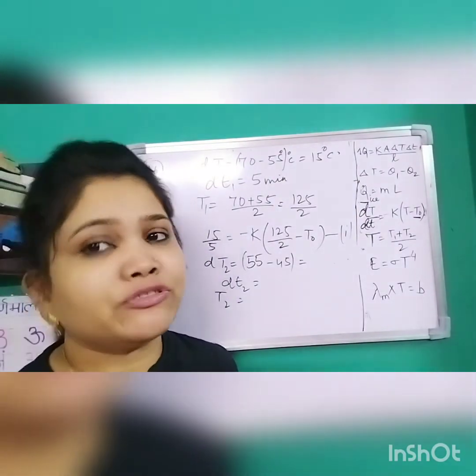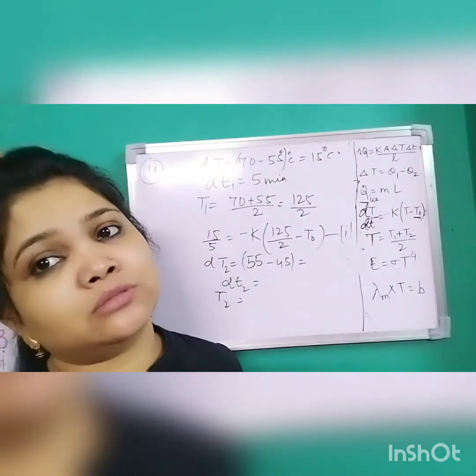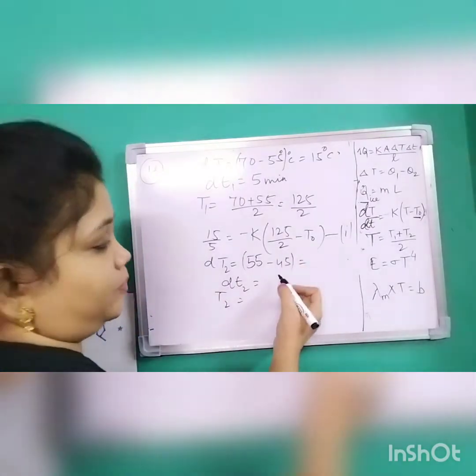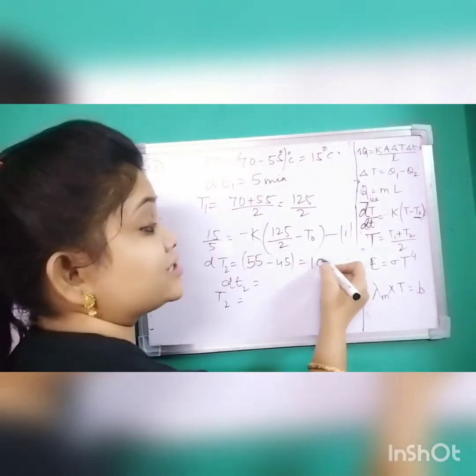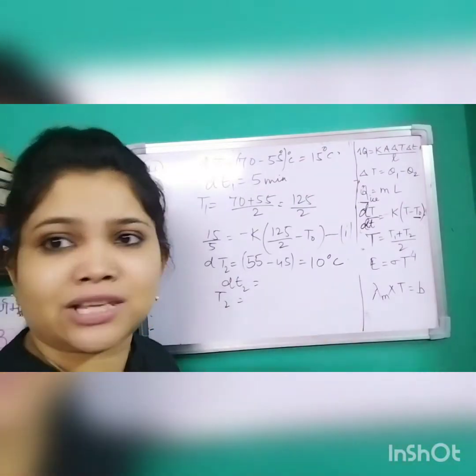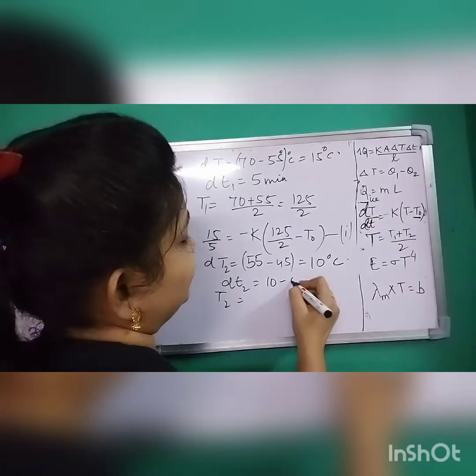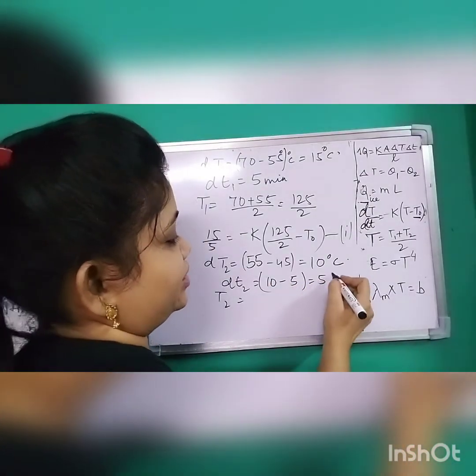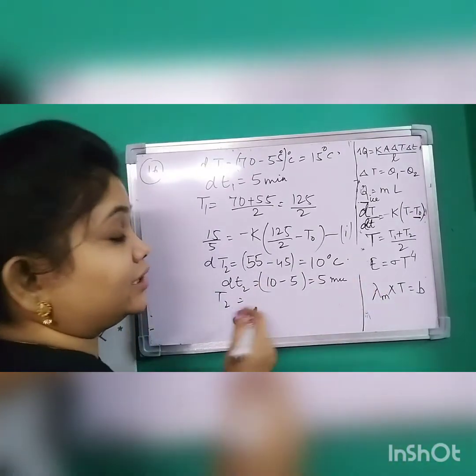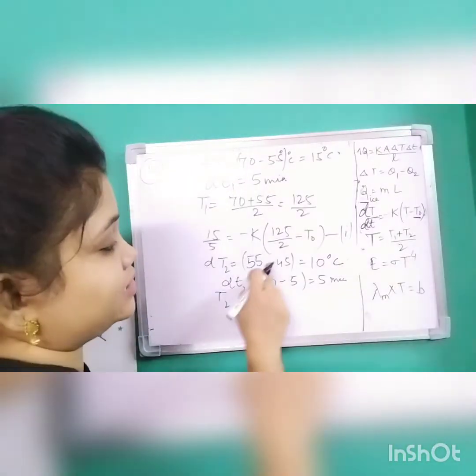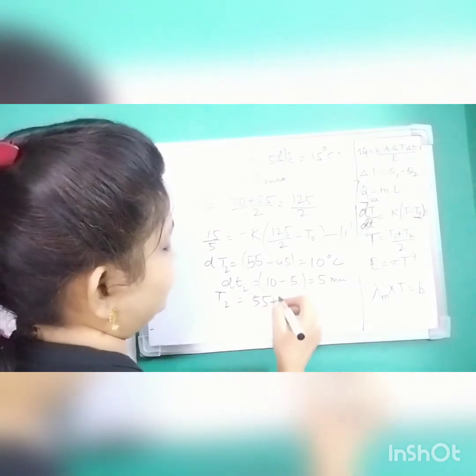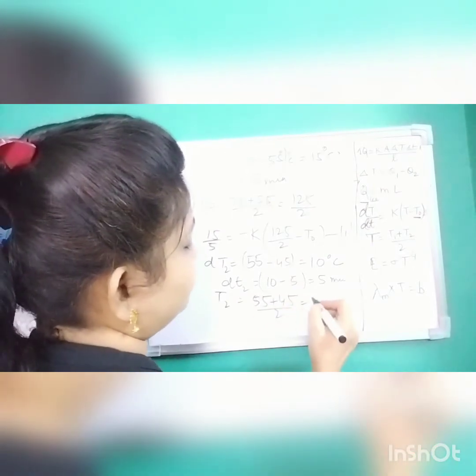Now it has come down to 55, and from 55 it has come down to 45. So what is the change of temperature over here? 55 minus 45, which is 10 degrees centigrade. And what was the change of timing over here? 10 minutes minus 5 minutes, which is 5 minutes. And what is the T2, or the average temperature, in the second case? It is 55 plus 45 by 2, which is 50 degrees centigrade.